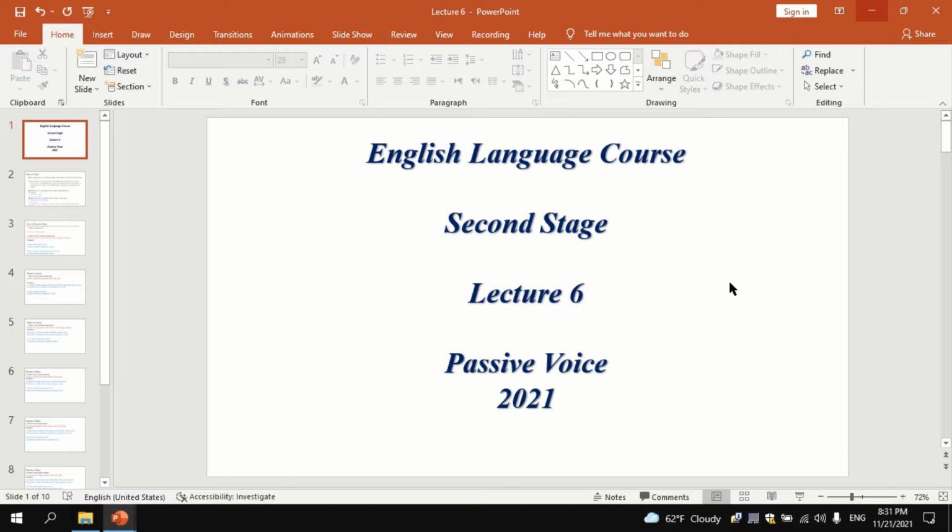Then we've taken the tenses of the verb. Then we've spoken about conditional sentences. Today we will continue with the passive voice. This subject is very important in academic writing and in speaking, but it is more important in academic writing than in speaking.